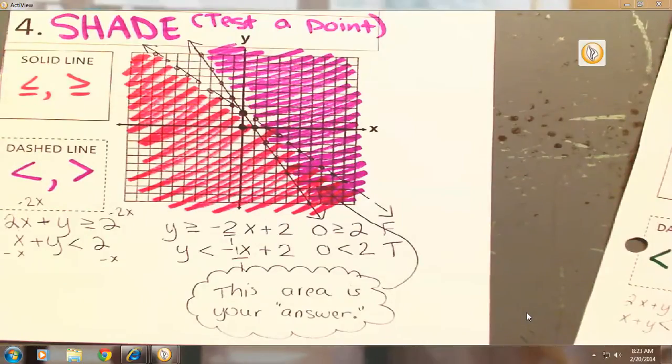Would that be everything? Now if the inequality wasn't equal to, if it was less than or greater than, then it would be everything except for where that dotted line was. But if either of the lines were equal to, then everything on the graph could be the solution. Good questions. Any other questions?